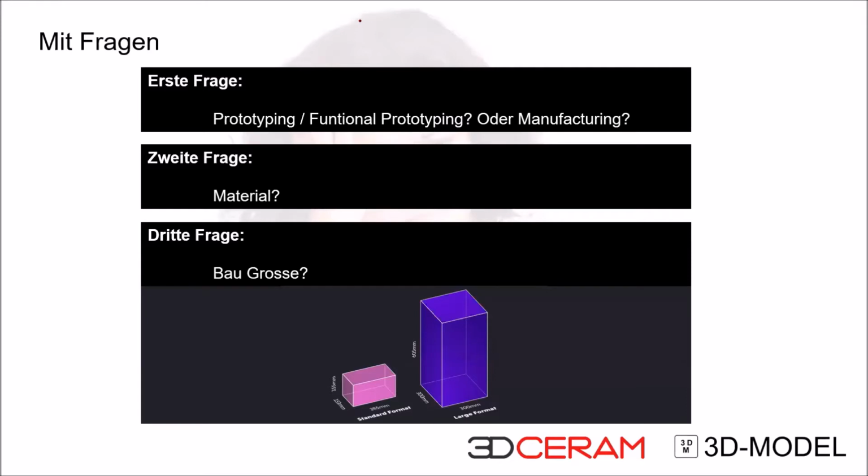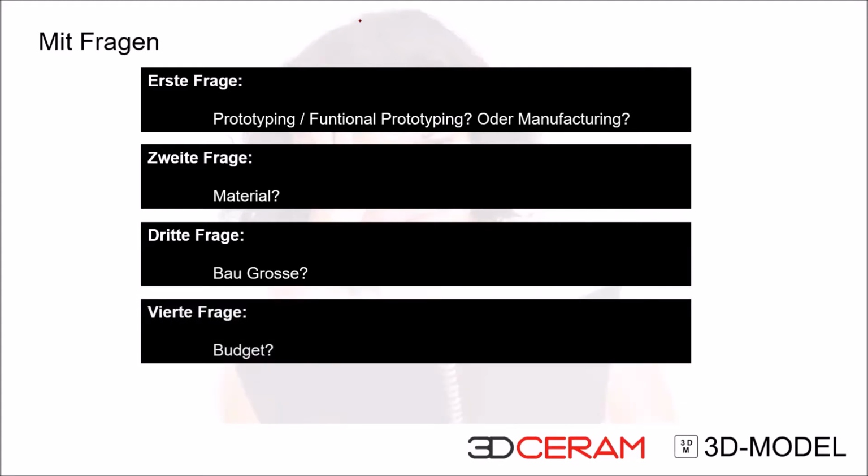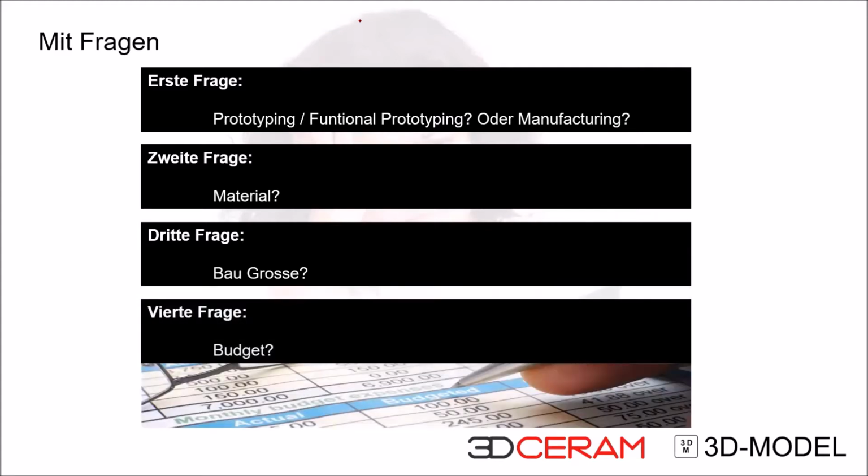That is also a very important factor that I need to ask myself. And the final question is, what kind of budget do I have? What am I willing to invest? Am I investing in additive manufacturing as a start, or do I already have experience and want to go to the next level?